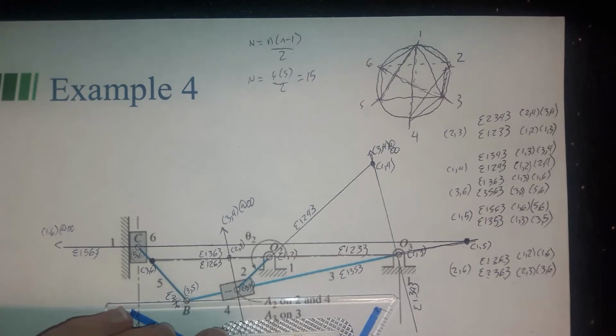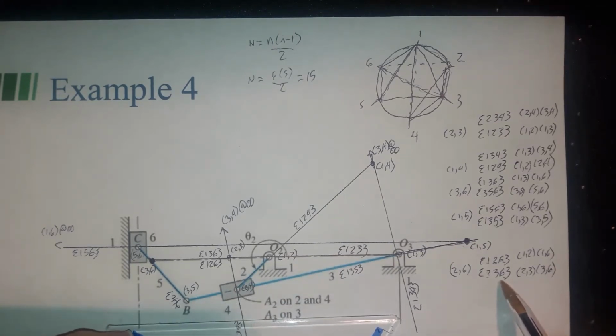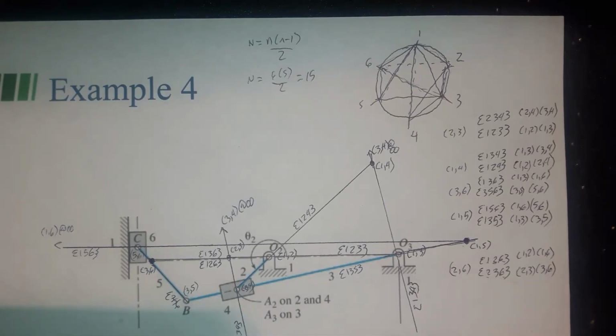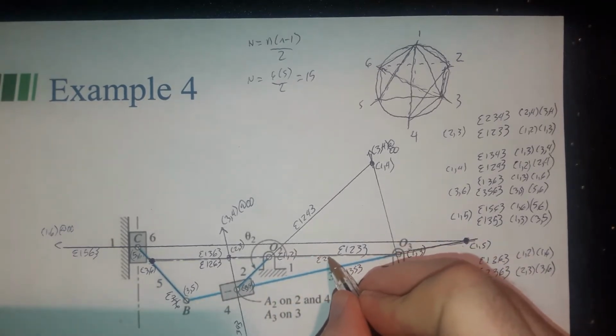So I'm just going to add the label to that, and then 2, 3, 6. I need 2, 3. Point 2, 3 is right there, and then 3, 6 is right there. And so the interesting thing is those lines are on top of each other. Okay, so this is also line 2, 3, 6.